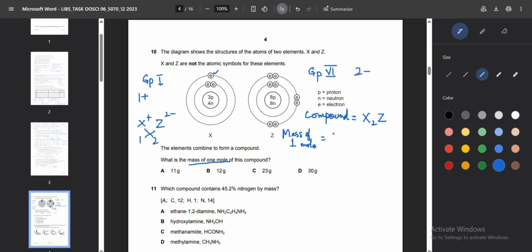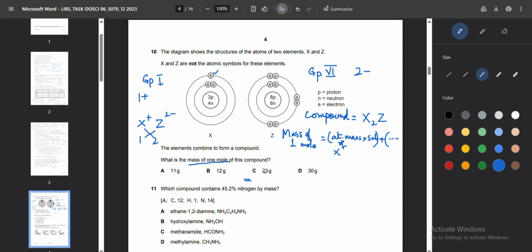It would be equal to the atomic mass of the first element X multiplied by its subscript, plus the atomic mass of Z multiplied by its subscript. Okay, so we can just put in the values in the formula.